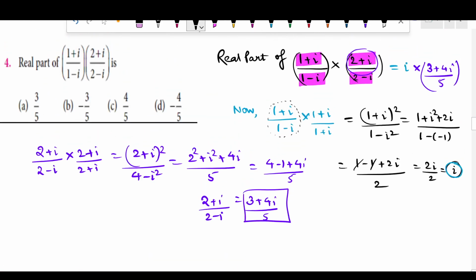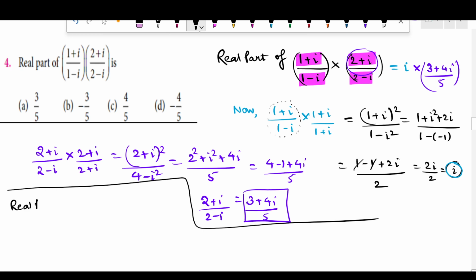So our question was the real part of this 1 plus i upon 1 minus i into 2 plus i upon 2 minus i. In place of this, we can place i, and in place of this, we can place 3 plus 4i by 5.